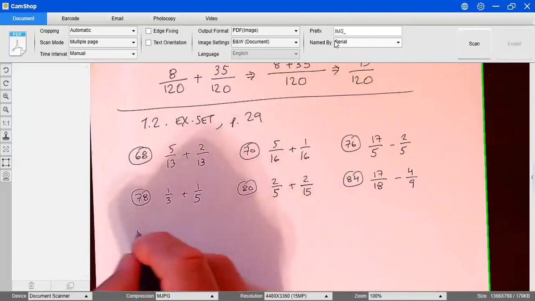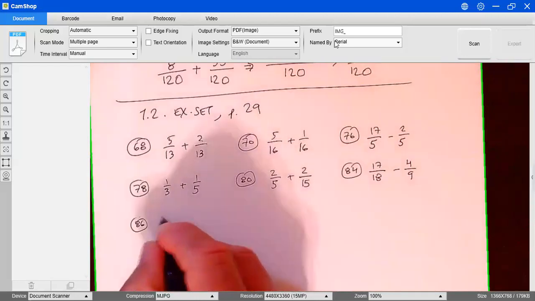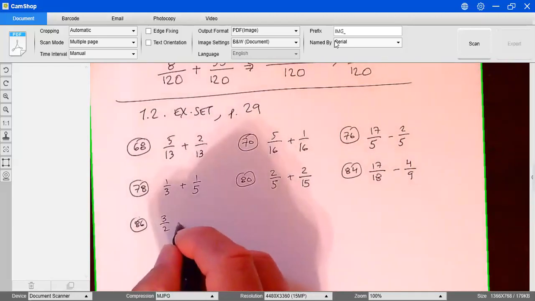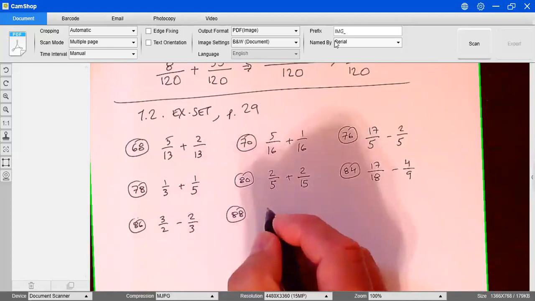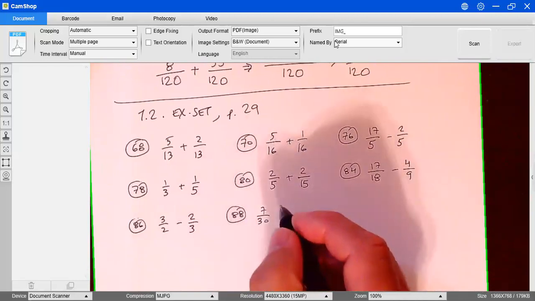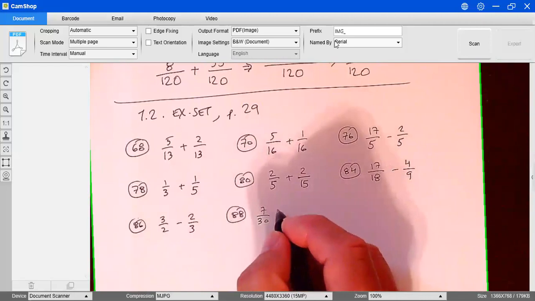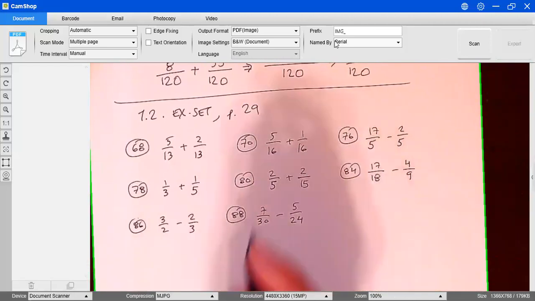Then we have 86: 3 over 2 minus 2 over 3. And finally, 88 is 7 over 30 minus 5 over 24.